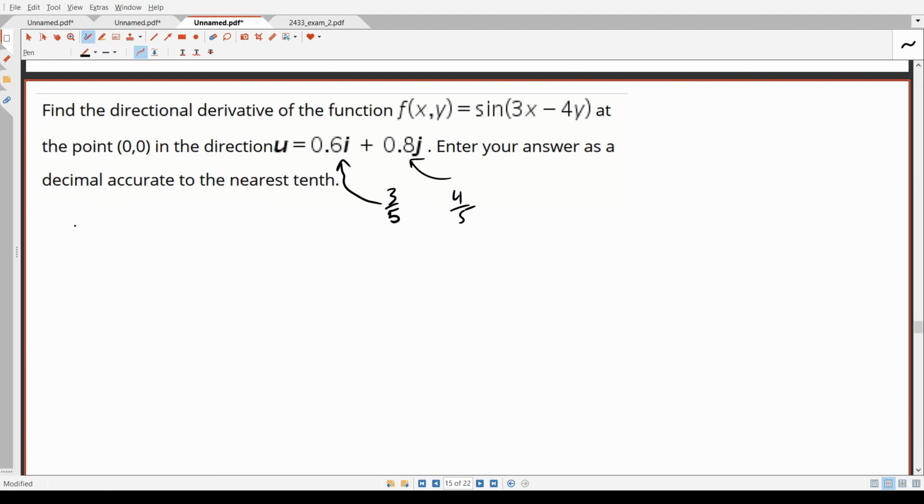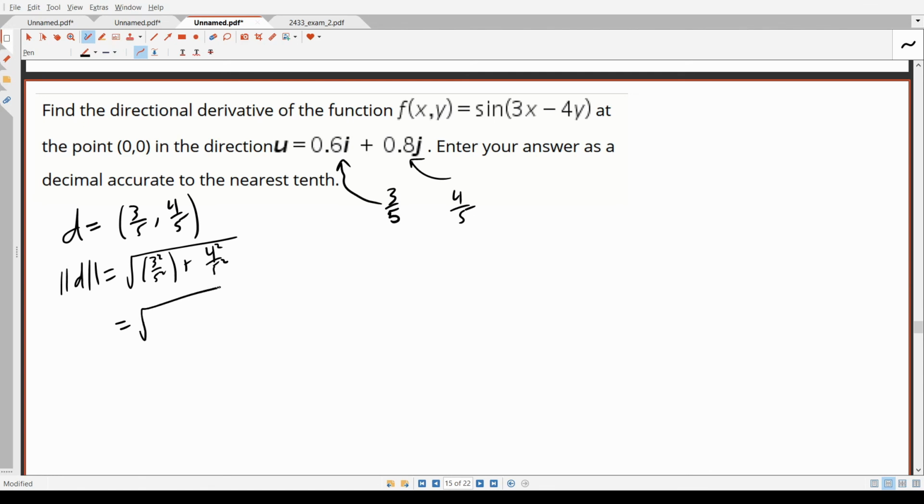Okay, so find the directional derivative. So the direction is going to be 3/5, 4/5, and we can check that this is a unit vector, right? The norm of this is 3 squared over 5 squared plus 4 over 5 squared.